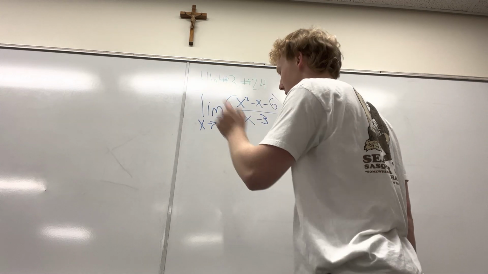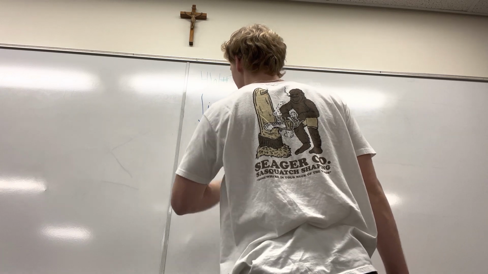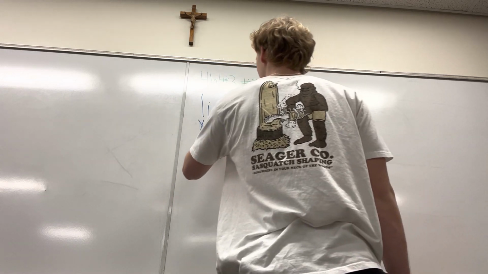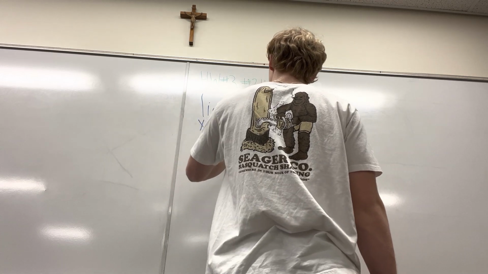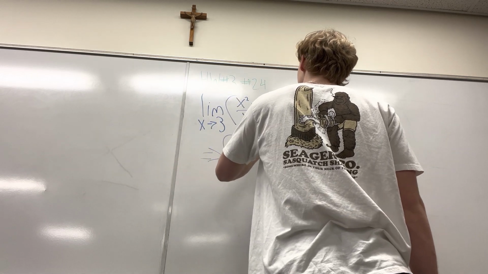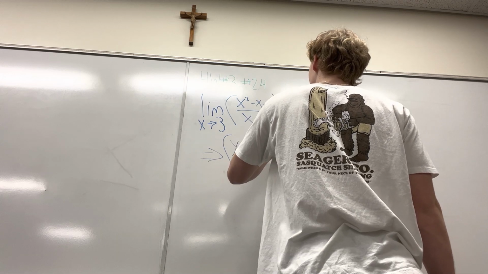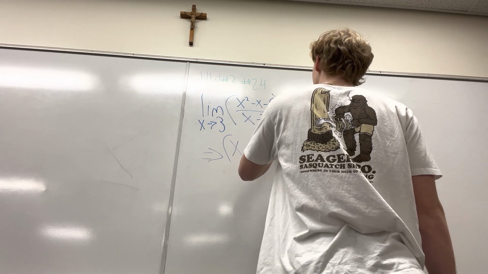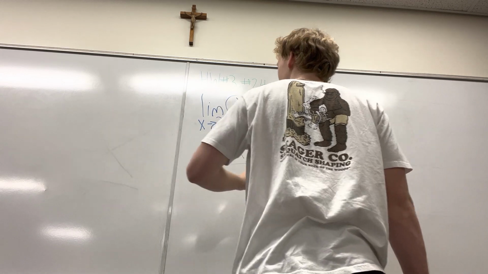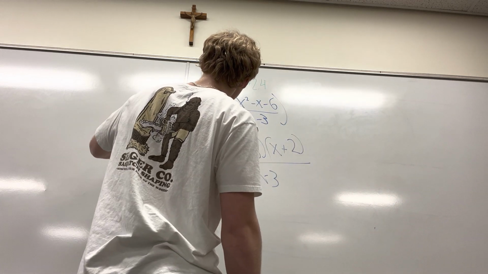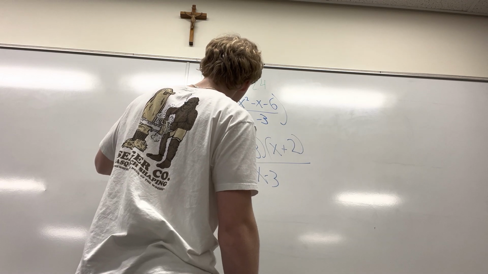In this case, we simply solve it out by factoring the polynomial on top, getting x minus 3 times x plus 2 over x minus 3, as x moves to 3.